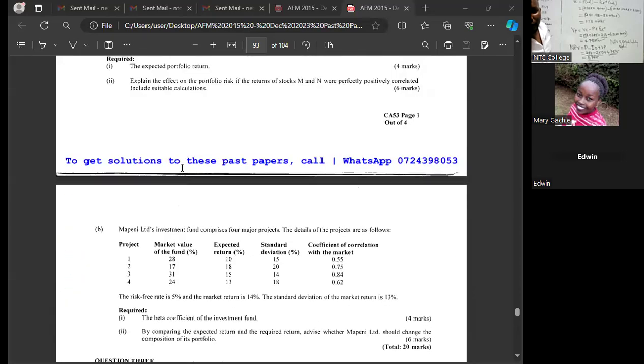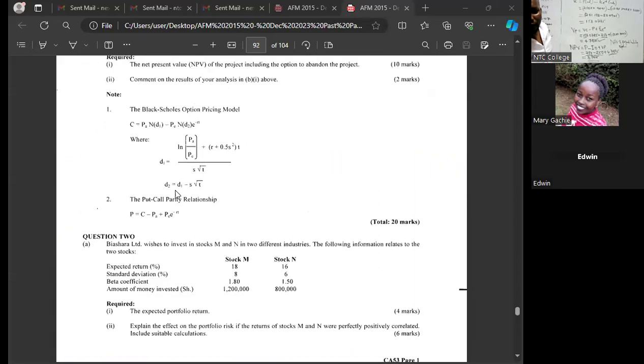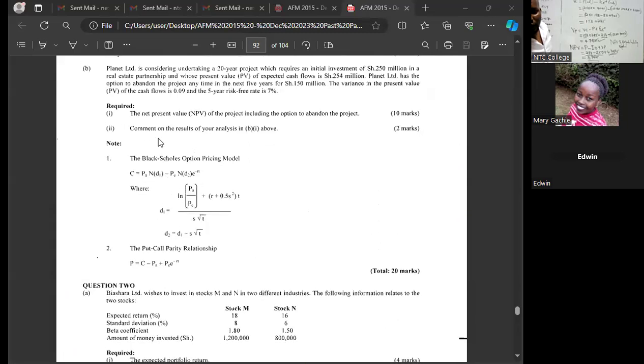Question number 1. They are saying that the net present value of the project, including the option to abandon. So you have included the option to abandon. Without the option to abandon, it will just be this minus this, but including it is the initial price, minus IO, plus now the option to abandon.